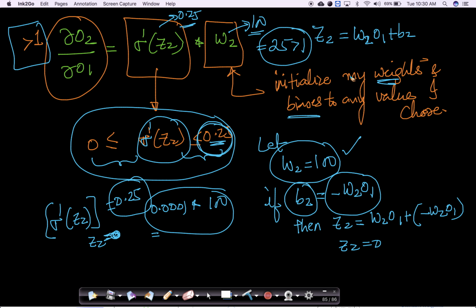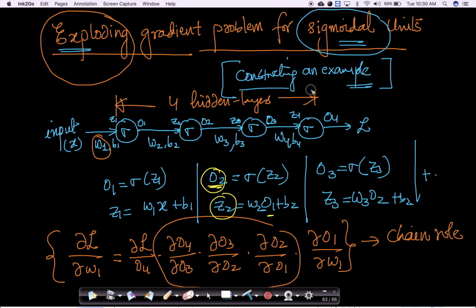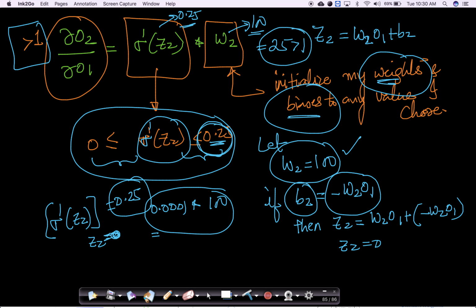Here you might ask that you are force fitting the initialization. Yes, as I told you at the start itself, I'm trying to construct an example where these individual derivatives can be greater than 1. Even if one such instance occurs, right? This derivative can be greater than 1 if I initialize my W2 to a large value like 100, and if I initialize my B2 to be negative of W2O1 such that my Z2 becomes 0 and the derivative of my sigmoid function with respect to Z2 is 0.25.